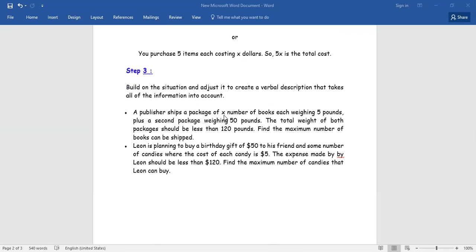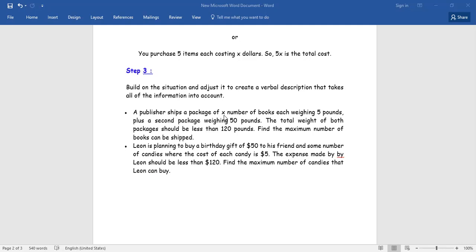Then x number of boxes, each weighing 5 pounds, plus a second package weighing 50 pounds. The total weight of both packages should be less than 120 pounds. Find the maximum number of boxes that can be shipped.